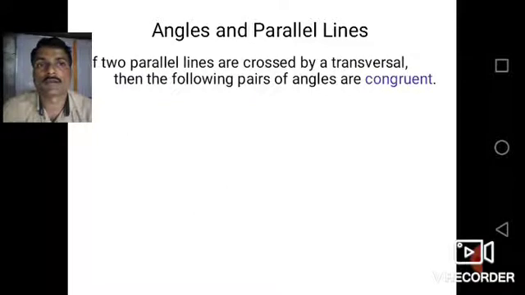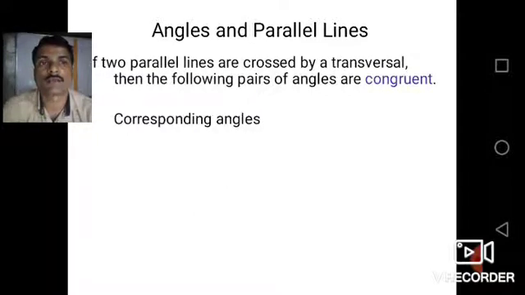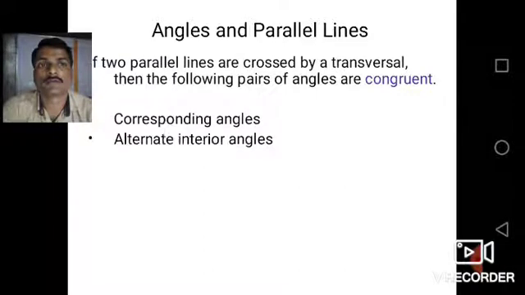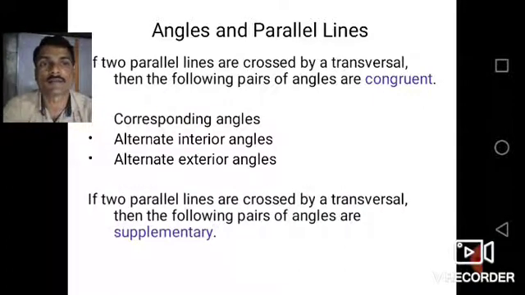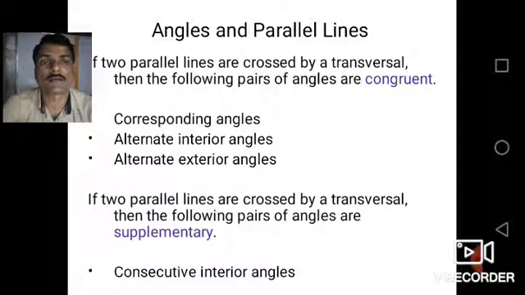Angles and parallel lines. If two parallel lines are crossed by a transversal, corresponding angles are congruent. Alternate interior angles and exterior angles are also congruent, and consecutive interior angles are supplementary.